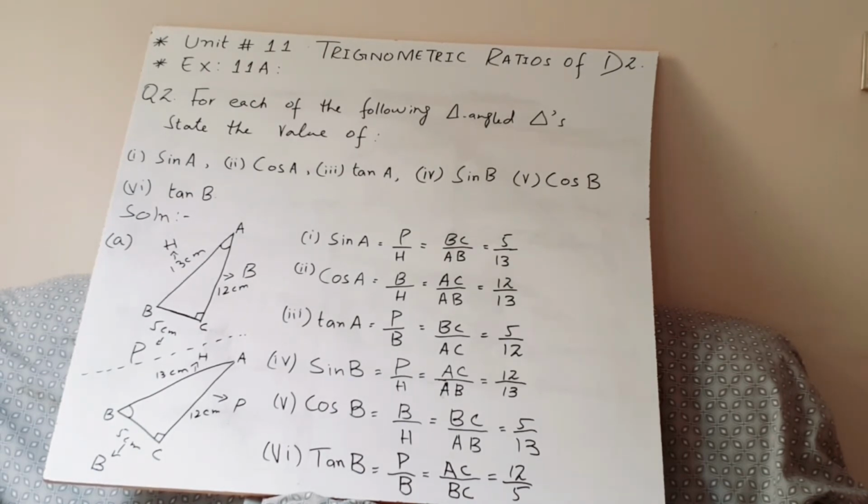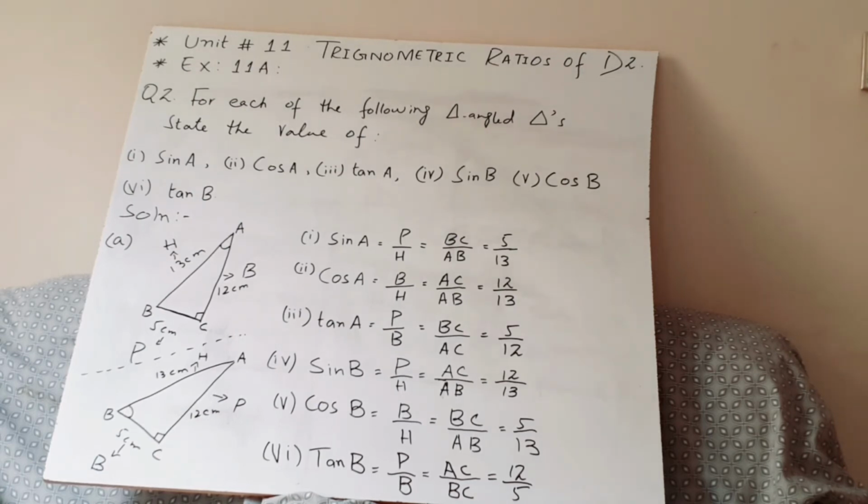Now sine A, some people have, perpendicular upon hypotenuse, equals the perpendicular side we have identified, which is BC, divided by the hypotenuse we have identified, AB. BC over AB equals, BC length is given as 5 centimeter, divided by AB length, which is 13, so 5 over 13. Sine A value is 5 over 13.